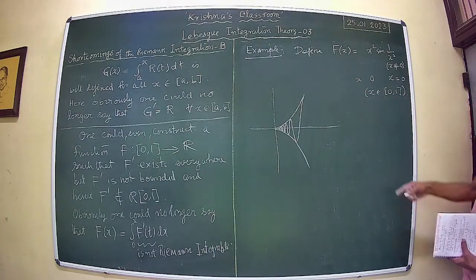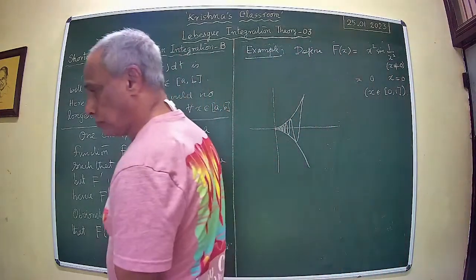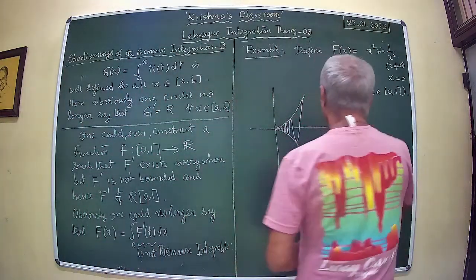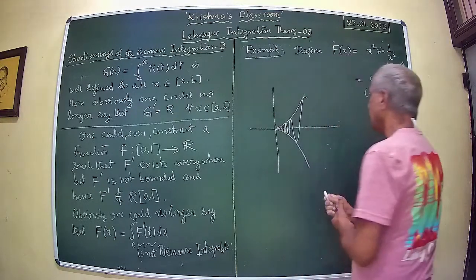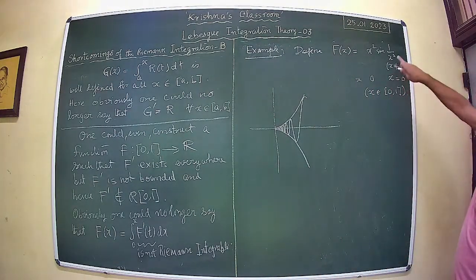The function oscillates between plus x square and minus x square, and you also see that it is bounded by plus x square and minus x square.